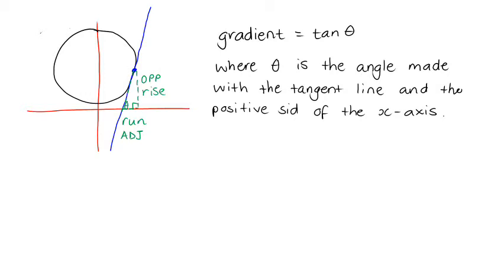So that's why they actually call it a tangent line. It's because you can find the gradient of it using tan theta.